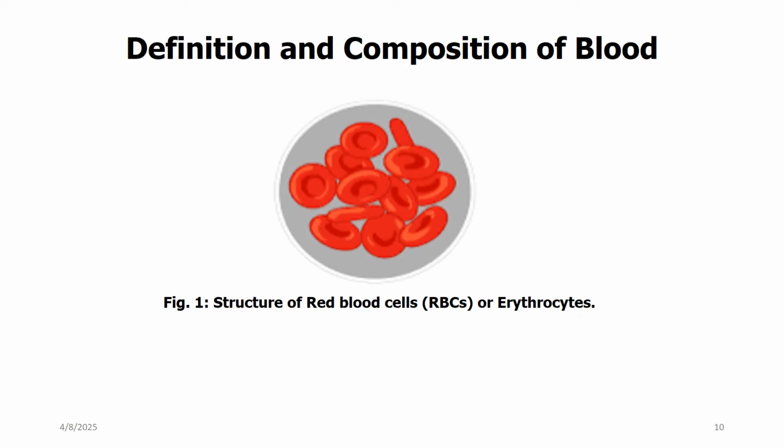Now, this picture or figure depicts the red blood cells or erythrocytes. This is how the shape looks like. It is biconcave and is very flexible.